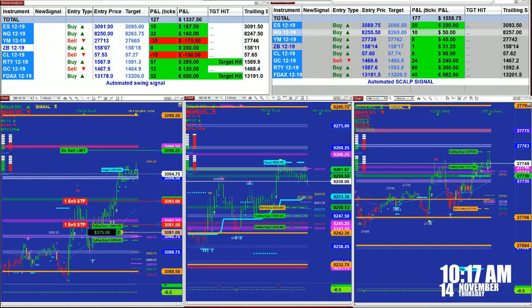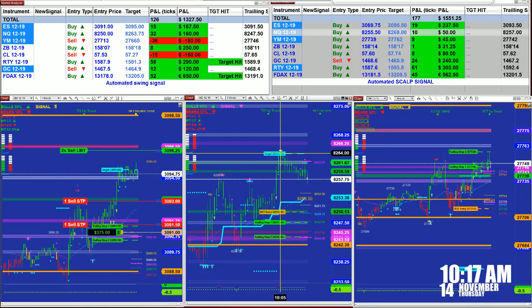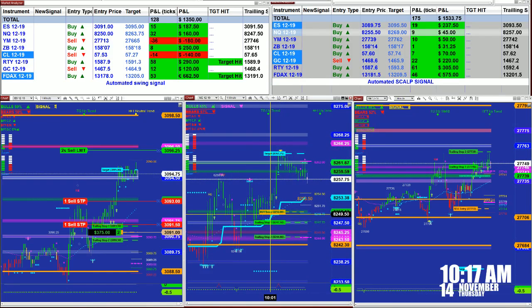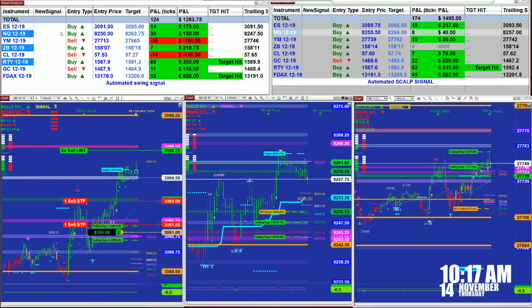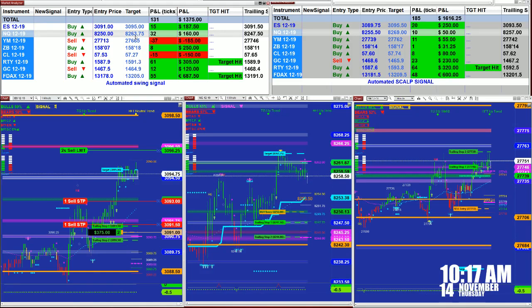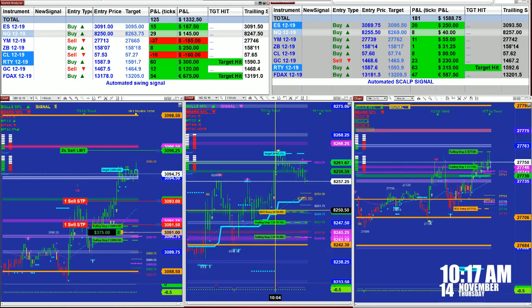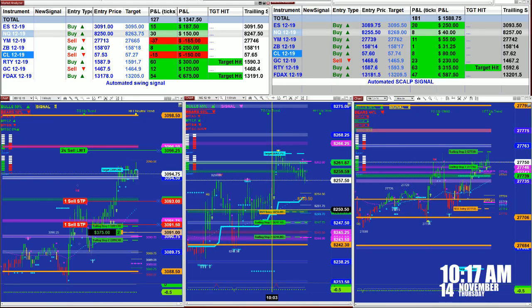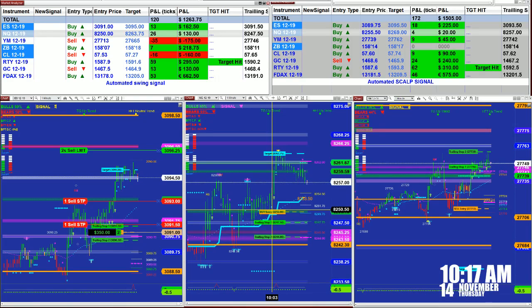As an example right now, the NASDAQ did exactly what it's supposed to. We had the entry and we had the target. If we look at the market analyzer, we have a buy at 82.50, target 82.63.75. We got the entry. We can automate it, we can manual trade it, we can full automate it, or we can ATM that trade.